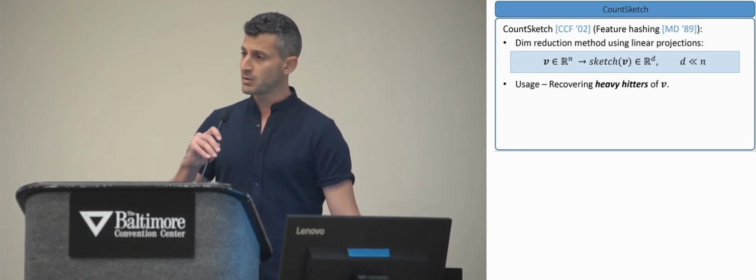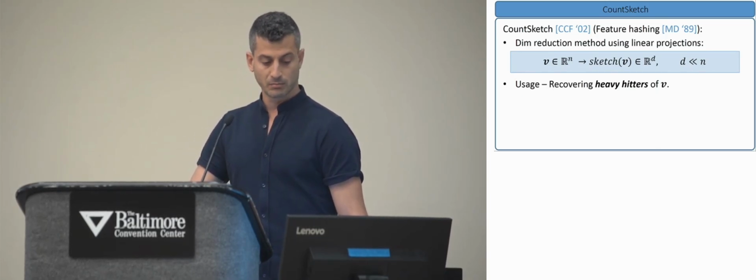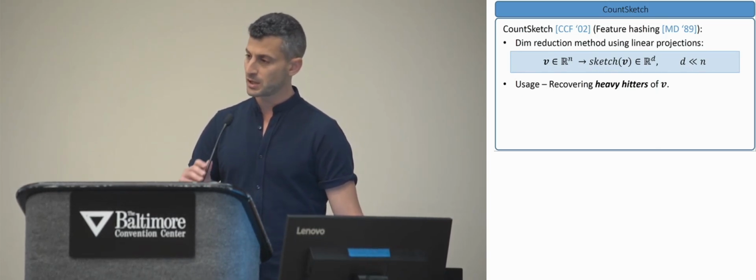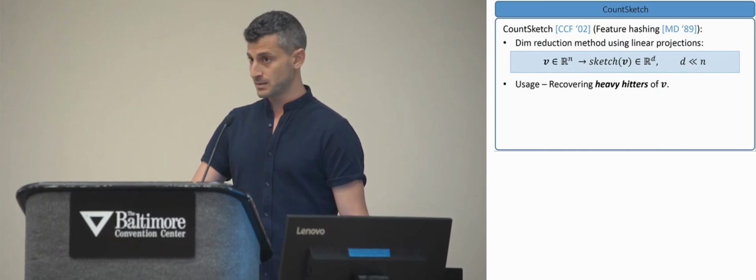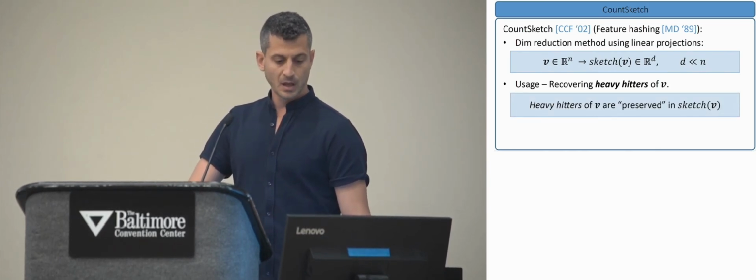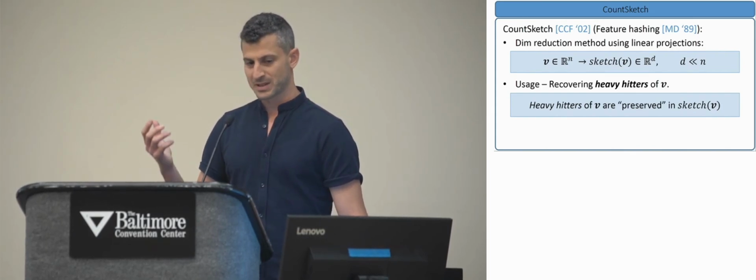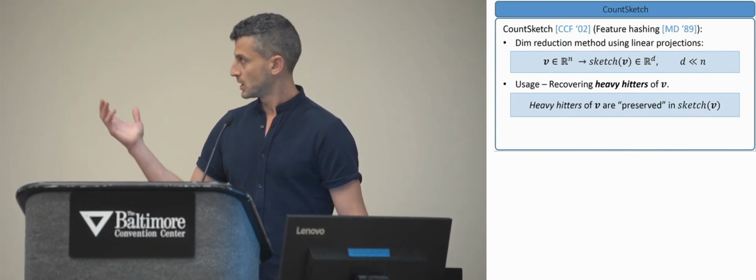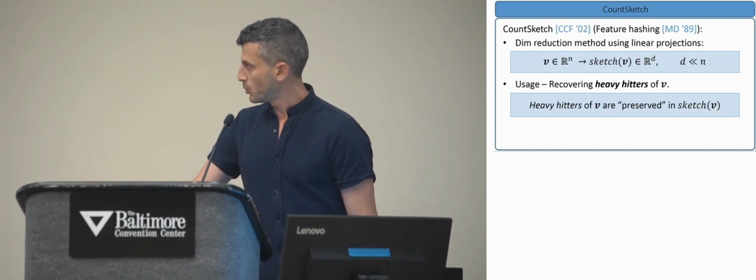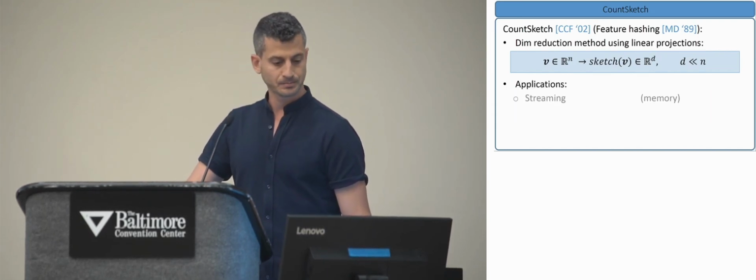The goal of CountSketch is to be able to recover from the low dimension representation the heavy hitters of the vector V. We can think of it as the heavy entries of the vector being preserved in the sketch, in the low dimension representation.